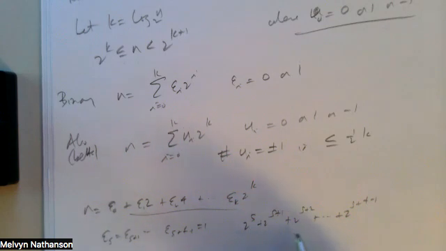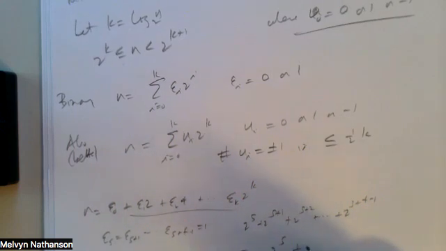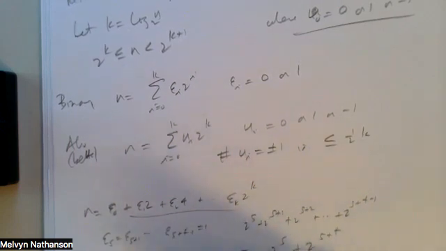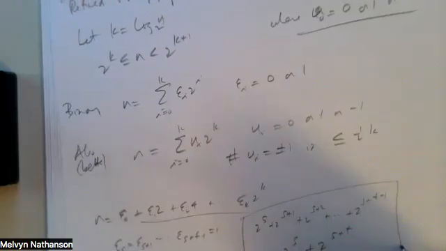If you add a 2 to the s to this and subtract a 2 to the s, this is going to be equal to minus 2 to the s plus 2 to the s plus t. So we have this formula.